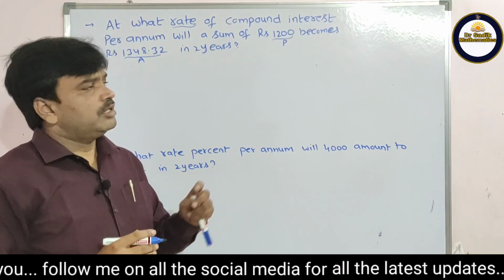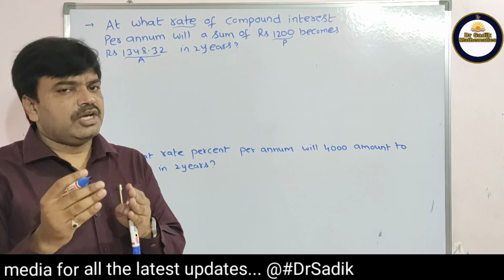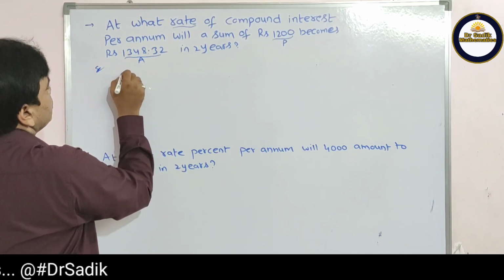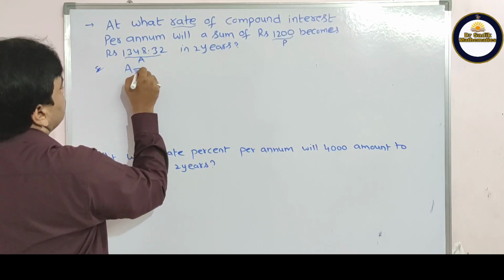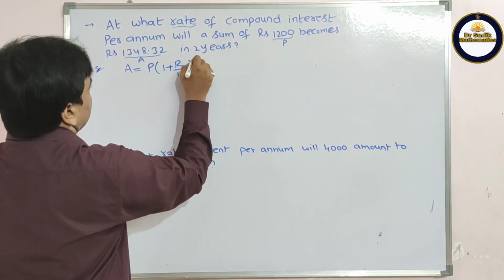We know the relation between A and P. In the previous problem we used the same formula, and I want to use it here. So what is the formula here? Solution: A is equal to P into (1 plus r by 100) whole power n.